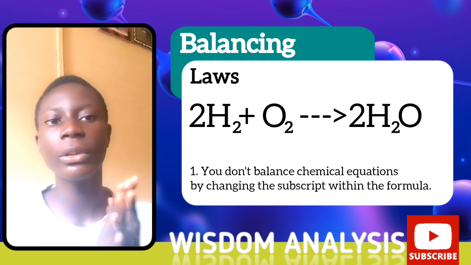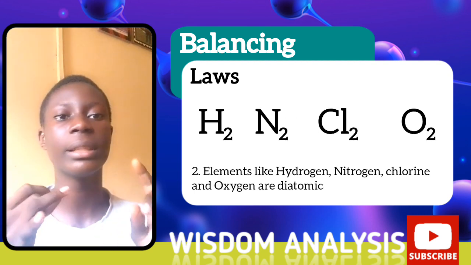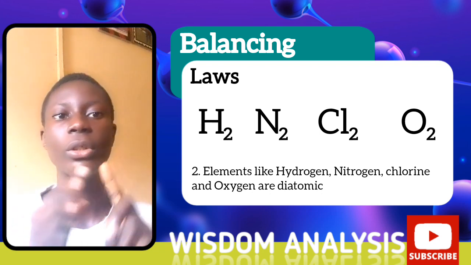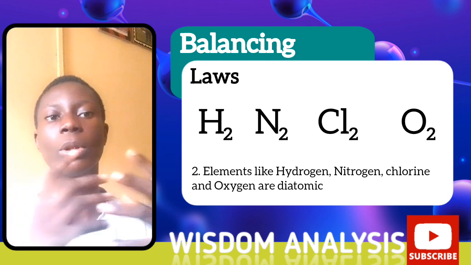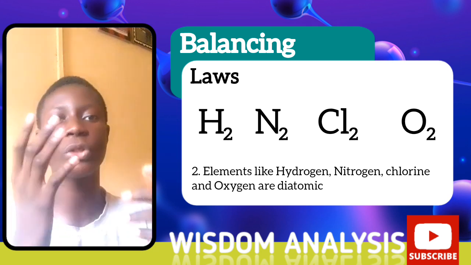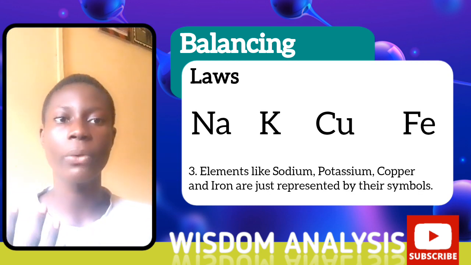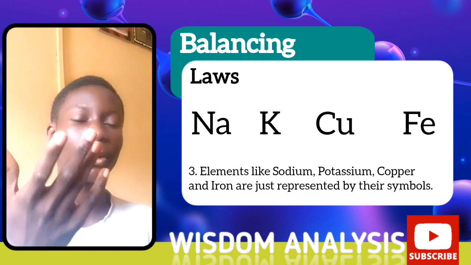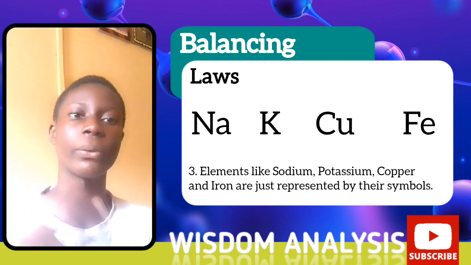Okay, so now the next rule is that elements like hydrogen, nitrogen, chlorine, oxygen, they are diatomic. Anytime there's a chemical reaction and they are left on their own, try to make them diatomic before using multipliers. Other elements, if they are not diatomic, you can just represent them by their chemical symbol, things like sodium, potassium, copper, iron, and so on.